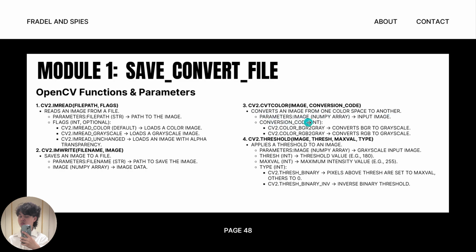Parameters are the image in numpy array as the input image, and the conversion code. cv2.threshold takes image, thresh, maxval, and type, which are the grayscale input image, threshold value, maximum intensity, and type accordingly.